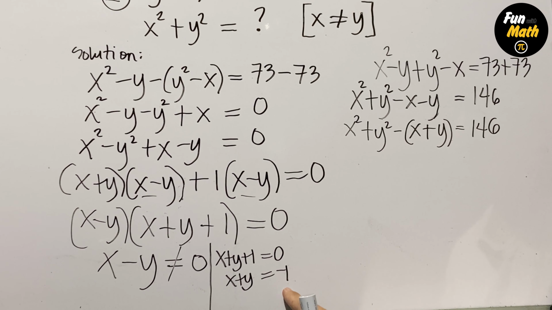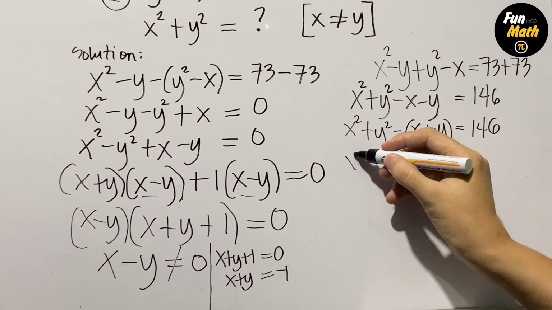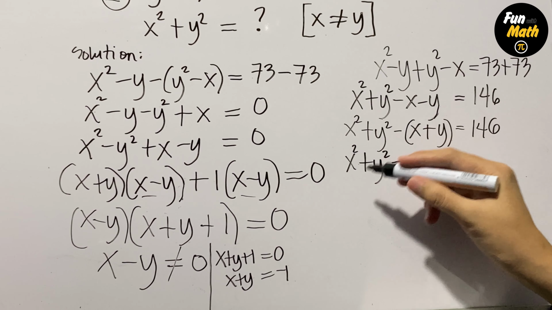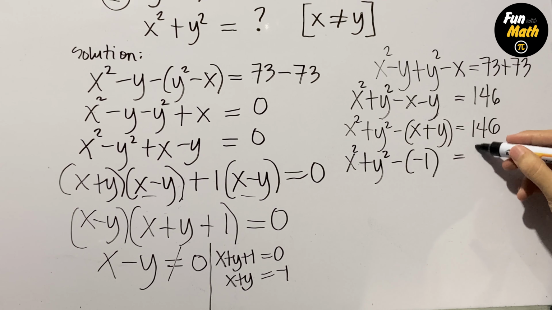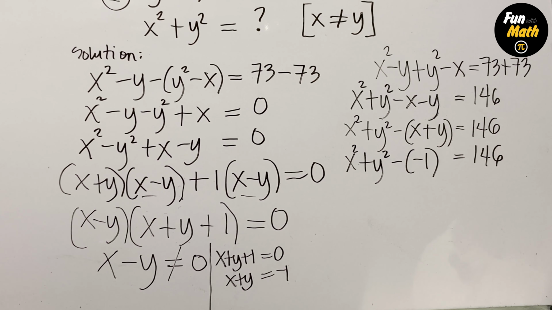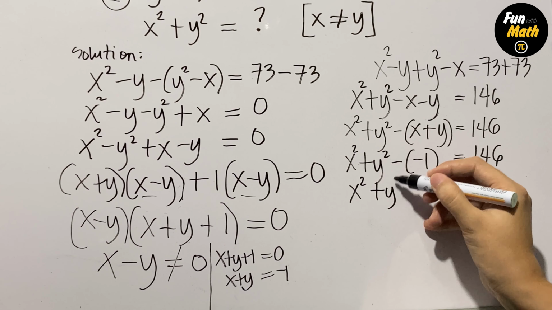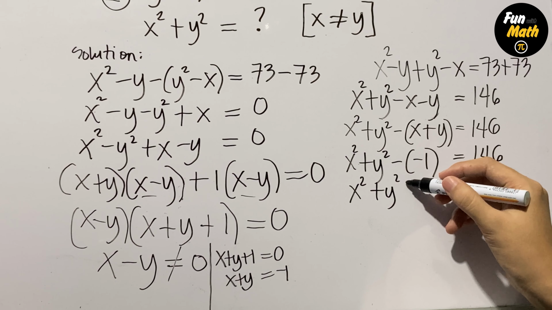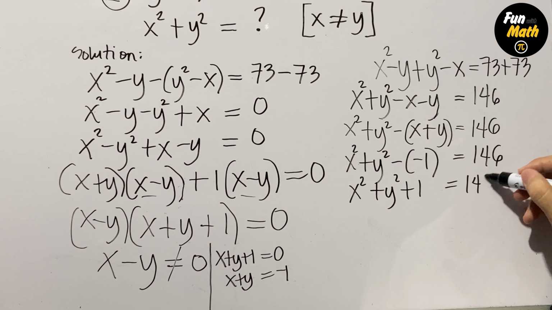And now, since we already have the value of x plus y, which is negative 1, we are going to substitute this here. So that is x squared plus y squared minus negative 1 equals 146. So we have x squared plus y squared, negative times negative 1, that is plus 1, equals 146.